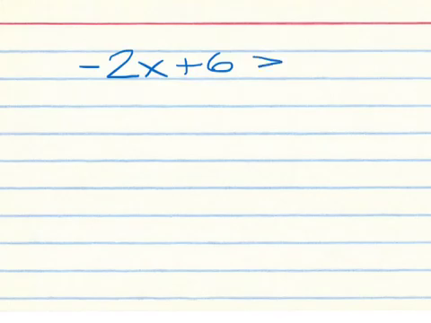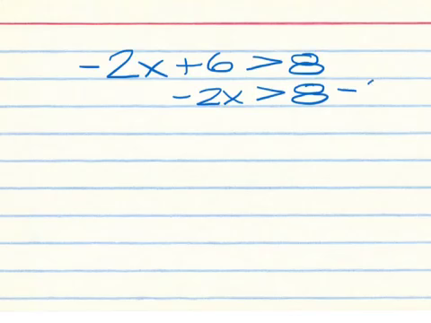Negative 2x plus 6 greater than 8. Keep your negative 2x on the left and the 8 on the right. Move the plus 6 to the right and make it minus 6. 8 minus 6 is 2. Divide by the number that is beside the x, which is negative 2.